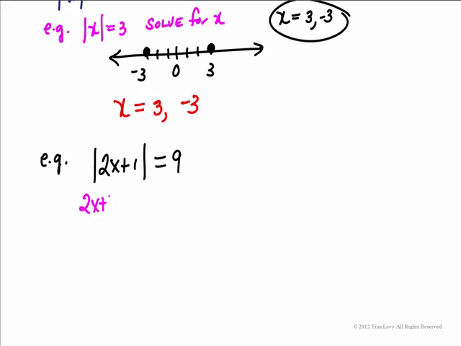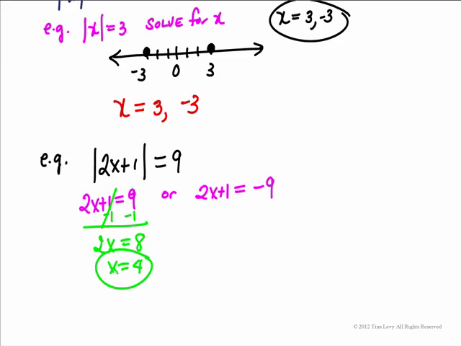The inside, 2x plus 1, could either be positive 9, because its absolute value would be 9, or the inside, 2x plus 1, could be negative 9. So once I've seen those two, I can now subtract 1 from both sides. I have 2x here is 8. So dividing by 2, x is 4. That's one value.